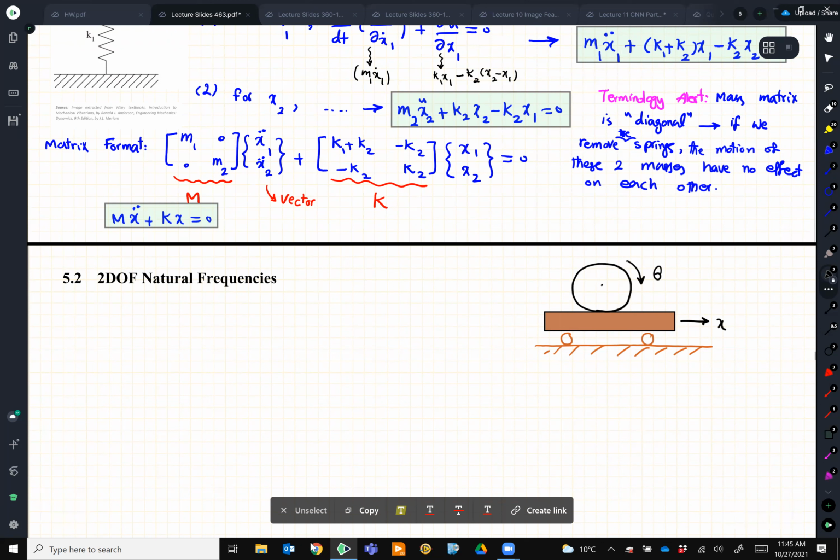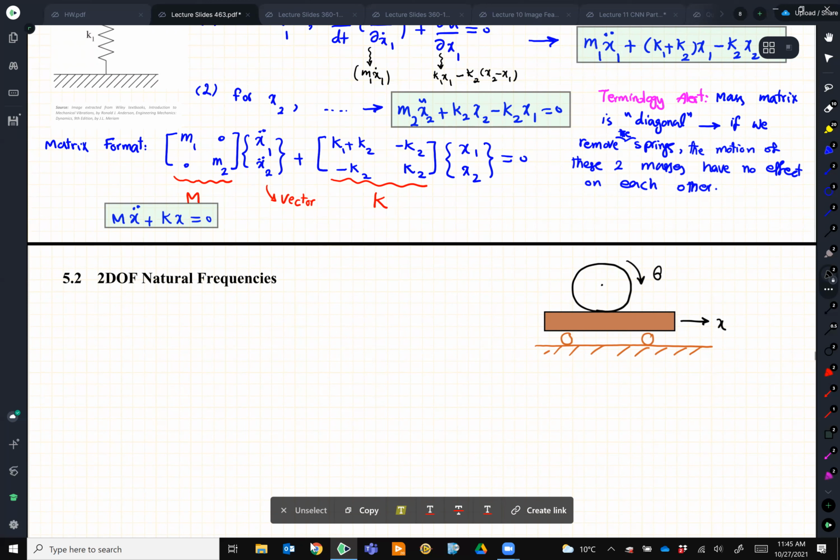There is no spring between them, but you can visualize these two should have an effect on each other. For example, if you move x very fast, maybe the disk rotates faster backward. We don't know yet, but this is something we can guess.